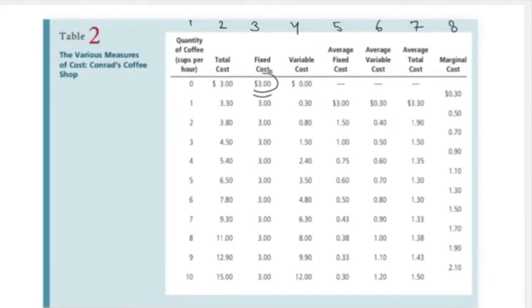So again, when you add these two, column 3 and column 4, you will get column 2, which is the total cost. So you can notice that at 0 units of production, the total cost is $3, which is nothing but the fixed cost. At 1 unit of coffee, your total cost is 3.30, which is 3 plus the variable cost, which is 0.30, and so on for all the units of production.